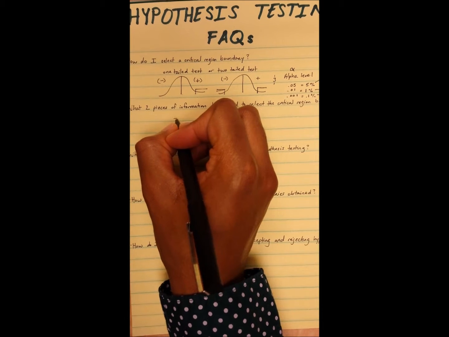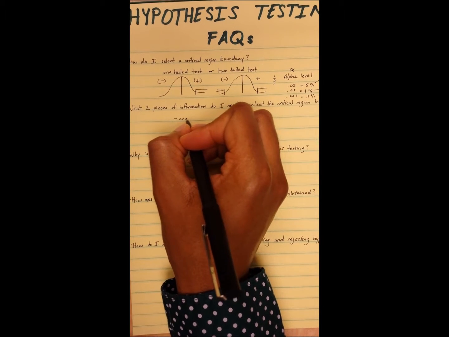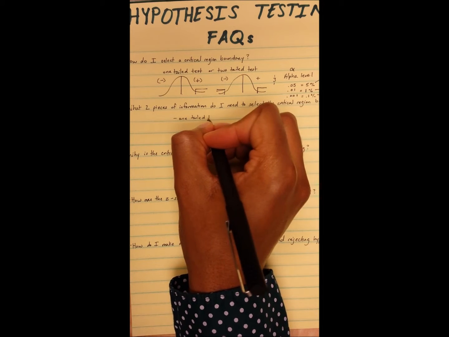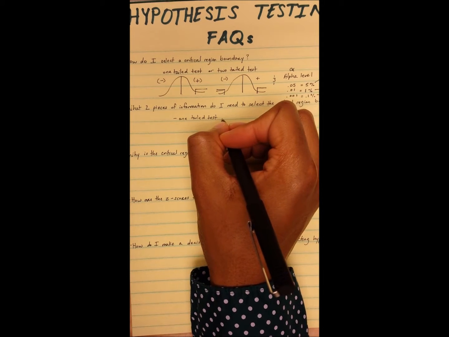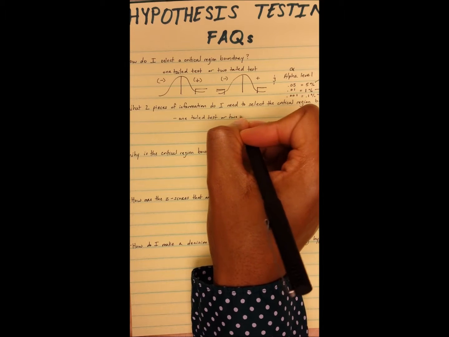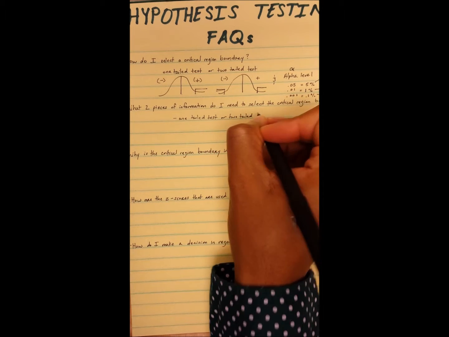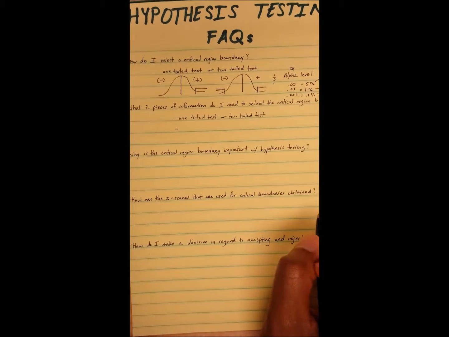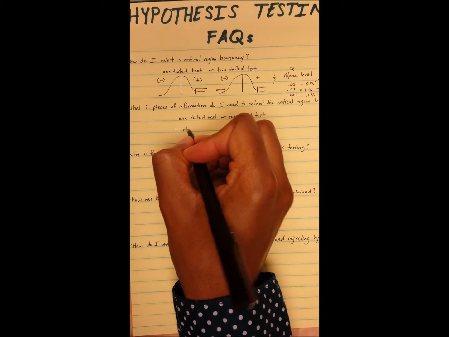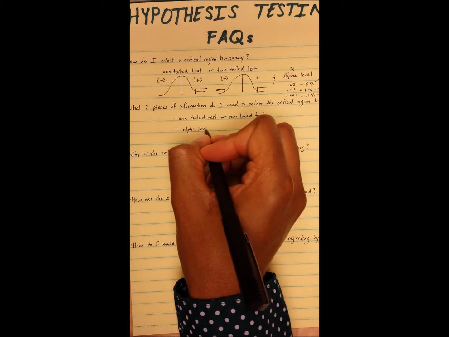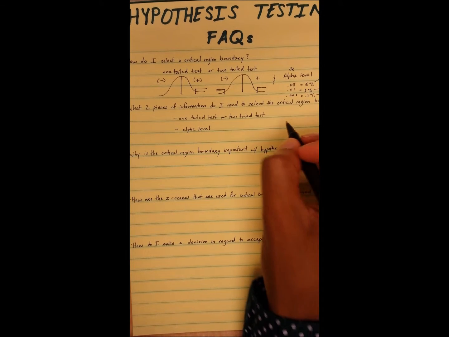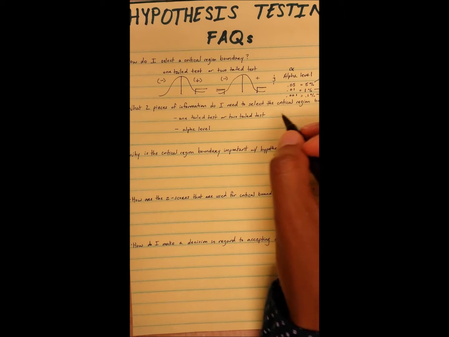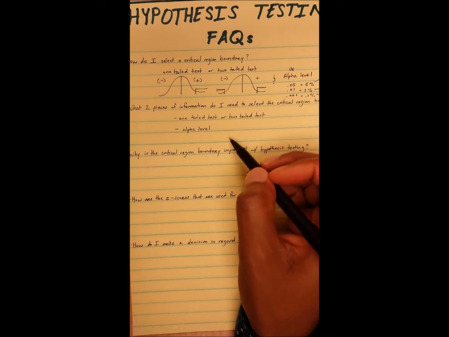Well, we've already kind of talked about this. You need to know if it's a one-tailed test or a two-tailed test. You also need to know the alpha level. So you'll need to know a combination of these two things.